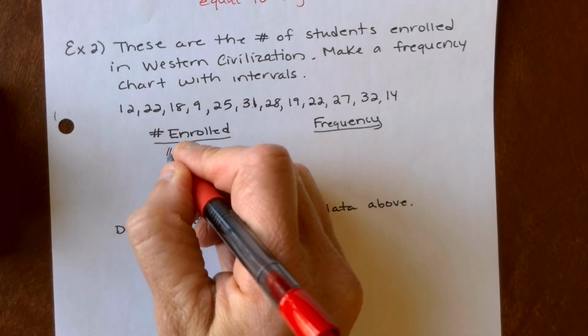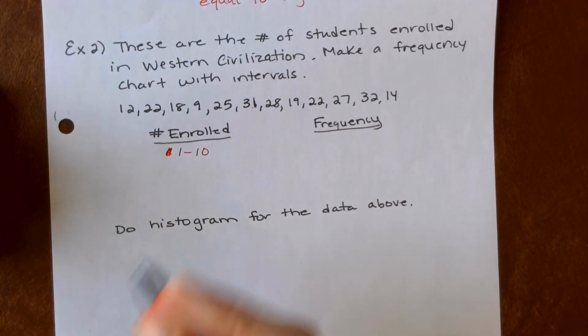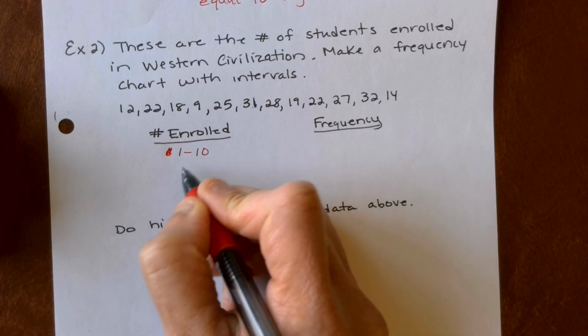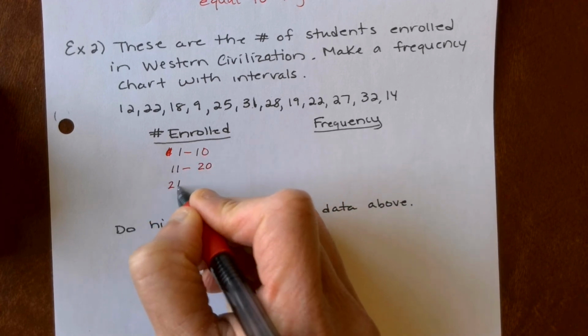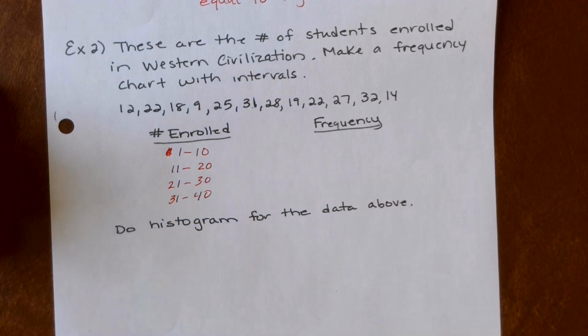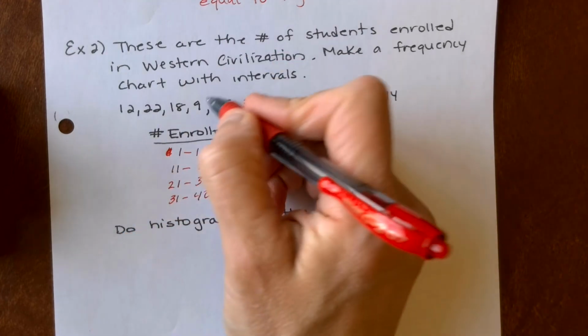So I'm going to do them in sets of 10. So the next one, notice, isn't going to start with 10, is it? Because otherwise 10 would be in both categories. So I'm going to start with 11 and 21 and 31. They each have the same number of items in each category. And when I look up here, how many are between 1 and 10? Here's 1.